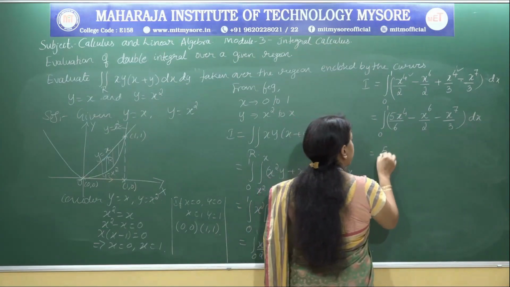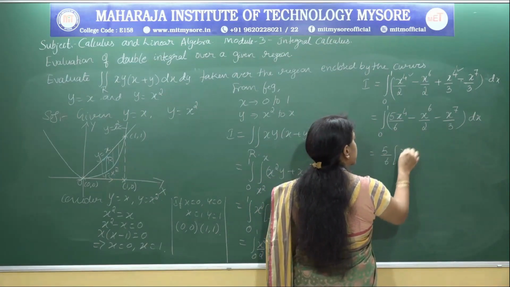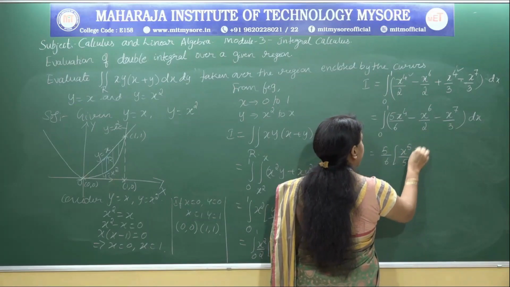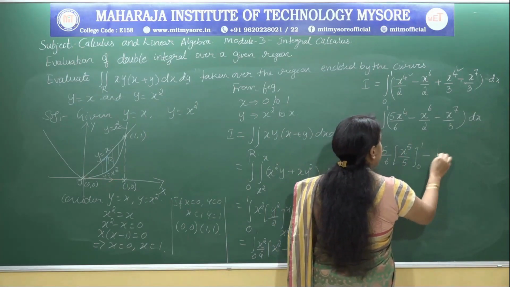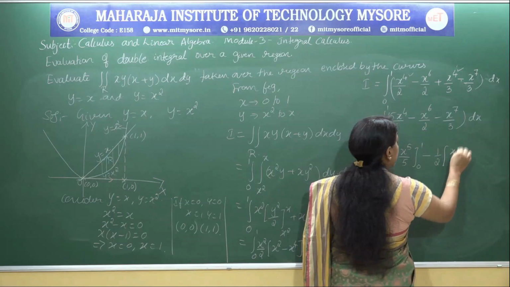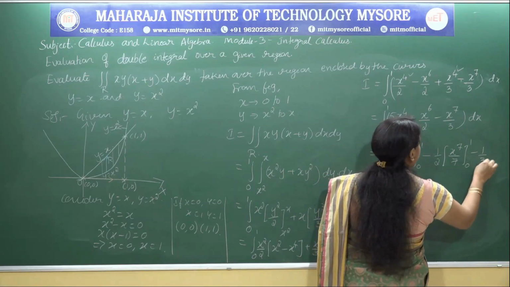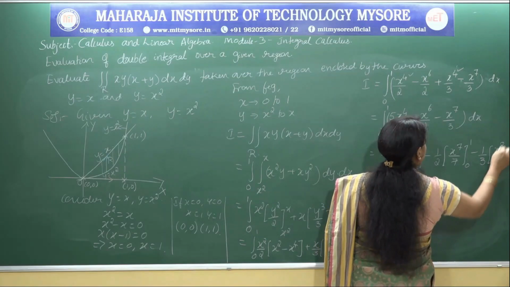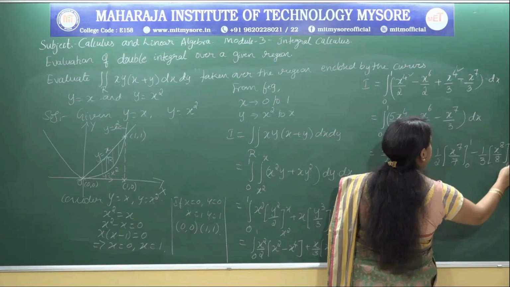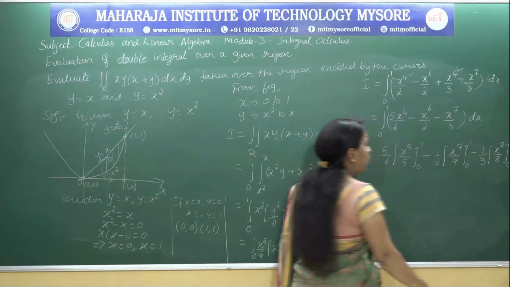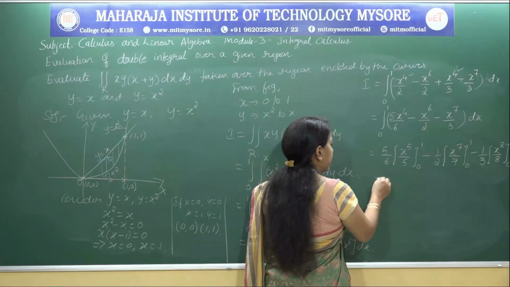So 5 by 6 common, the integral of x power 4 is x power 5 by 5 between the limits 0 to 1, minus 1 by 2 into x power 7 by 7 between the limits 0 to 1, minus 1 by 3 into x to the power of 8 by 8 between the limits 0 to 1. Now simplify this.